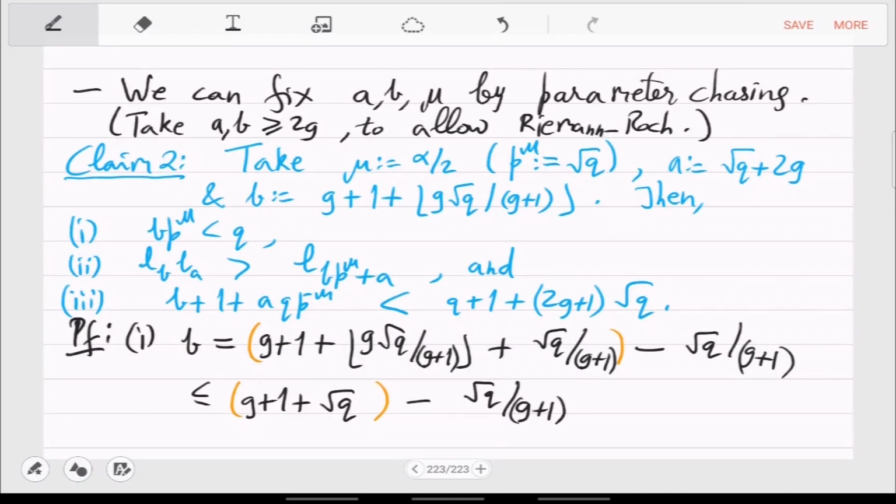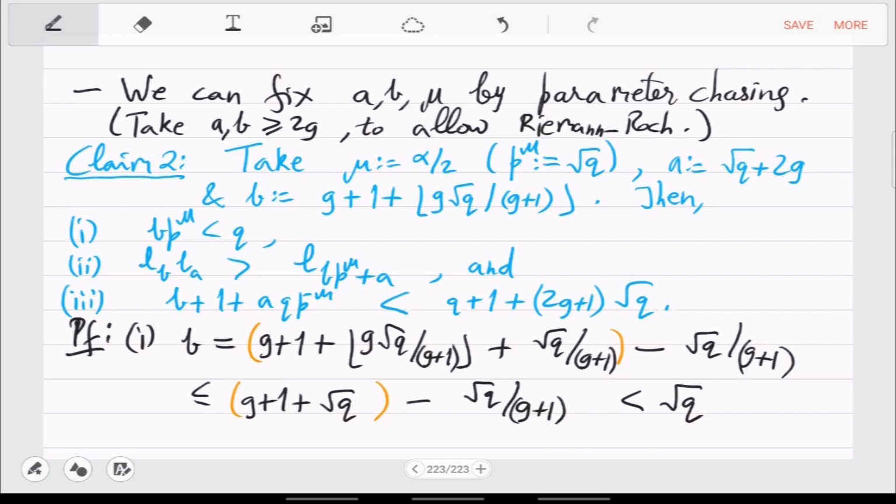Right, the third and the fourth term, when you sum it up, you can see that it cannot exceed square root q, because you get basically G plus 1 by G plus 1. And this overall is less than square root q. Why is that? That is because this G plus 1 minus square root q by G plus 1 is negative.